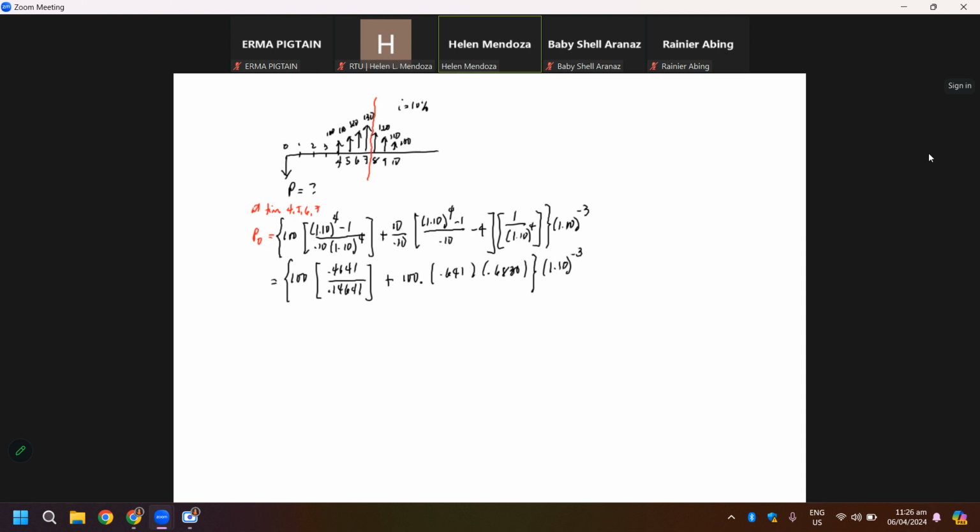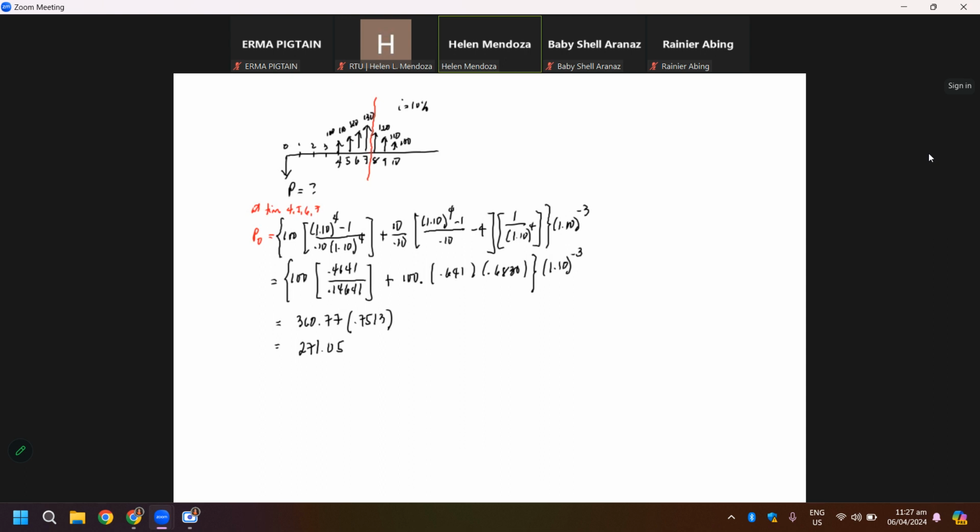Now, this 100, the same way we have computed for 100, this is 360.77. Then we have 1.1 raised to negative 3 is 0.7513. So meaning, the value at times 4, 5, 6, and 7, if you try to take the equivalent value at time 0, is equivalent to 271.05. So we are halfway through.